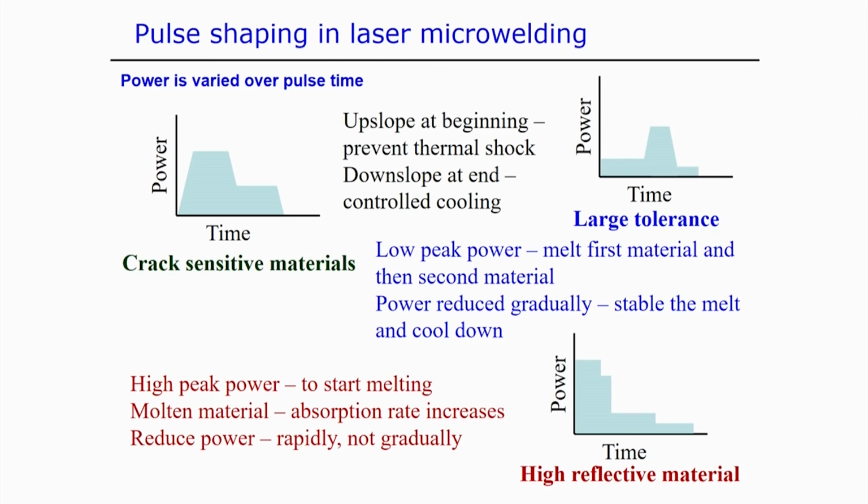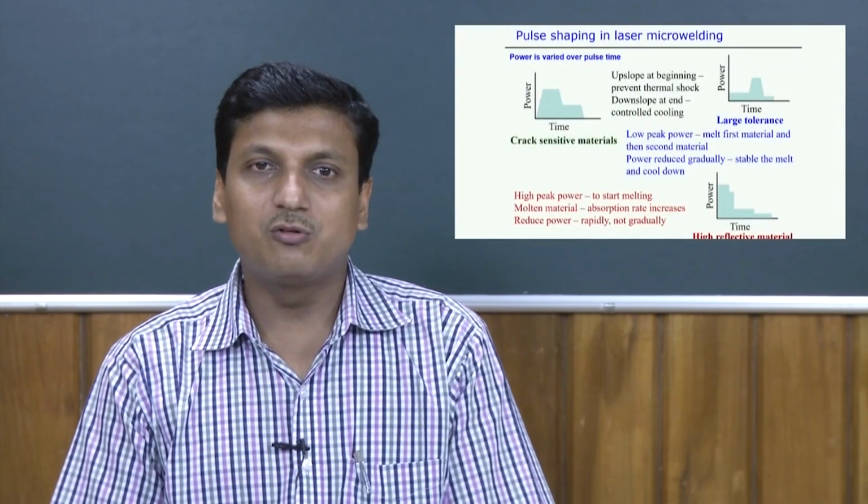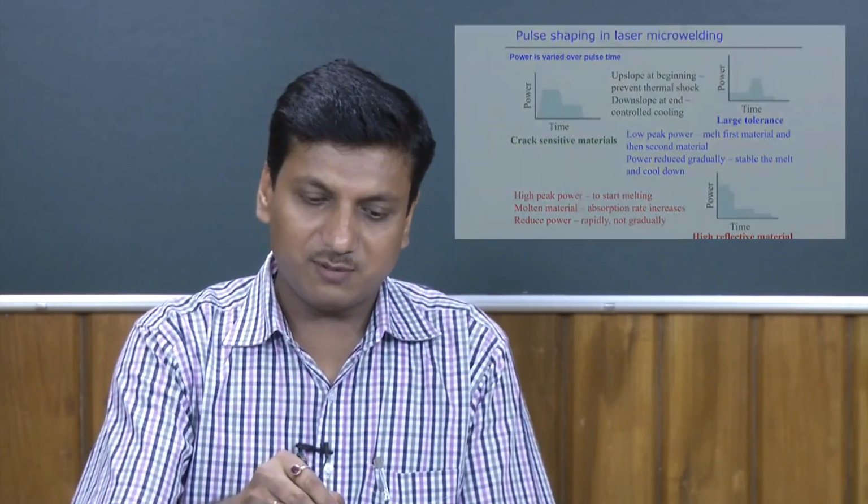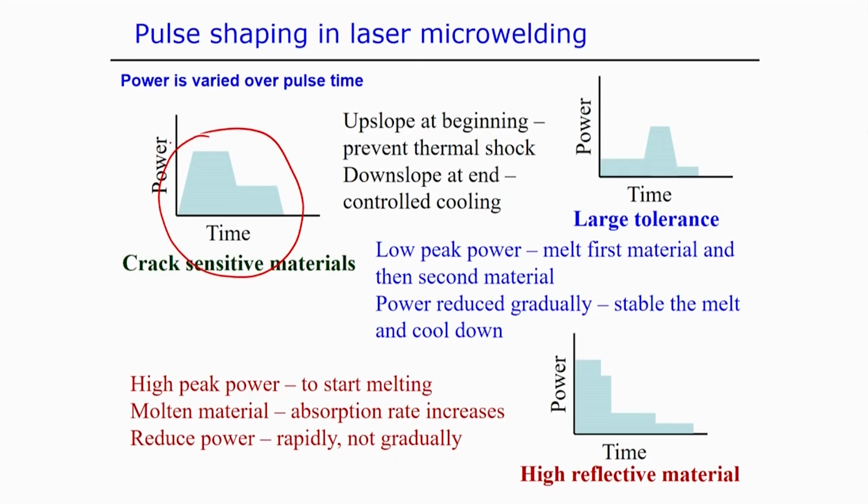Next, finally, the downslope at the end also controls the cooling process. So, if it is possible to control the heating and the cooling, then it is possible to develop the welding process, depending upon the shape of the pulse, to weld crack sensitive material. These are the typical pulse shapes in the case of crack sensitive materials.